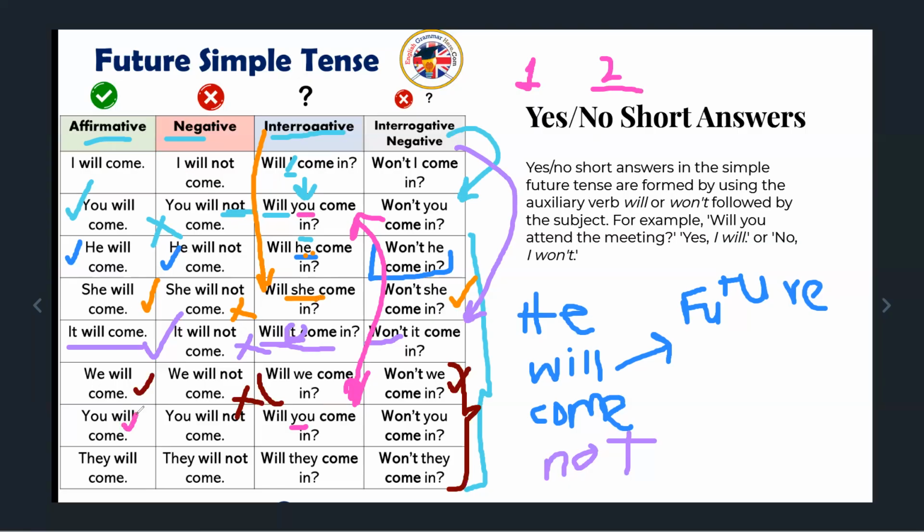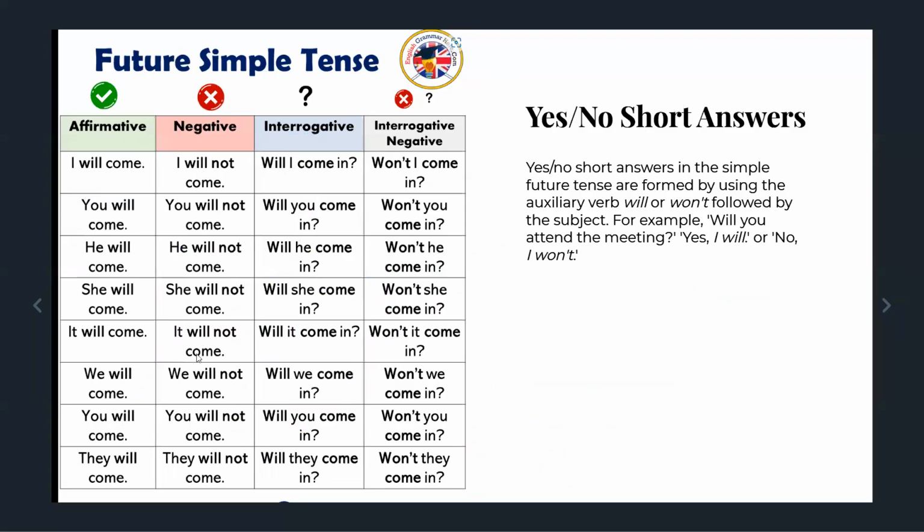So you will come, you will not come. And last but not least, the last example says, will they come in? You can answer, they will come, or you can answer, they will not come.